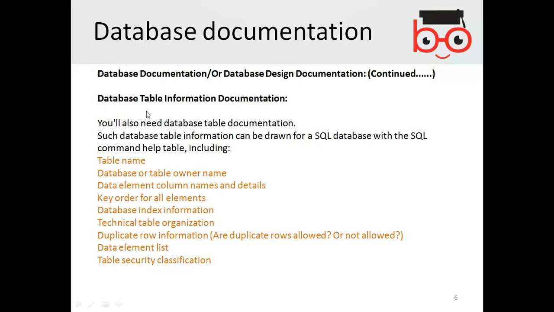The database table information documentation: you will also need the database table documentation. If it is a table, as I already explained, that table should have a table name, database or table name owner, data element columns, names and details, key order for all elements, database index information, technical table organization, duplicate row information, meaning are duplicate rows allowed or not, data element list, table security classification.